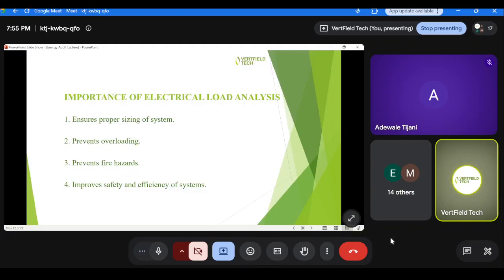You also have some importance of electrical load analysis, which ensures a proper sizing of the system, prevents overloading, prevents fire hazards, and improves safety and efficiency of the system. You may wish to ask, how does load analysis prevent fire hazards? When the system is overloaded and you are using inferior quality materials, an overloaded system will tend to generate more heat.